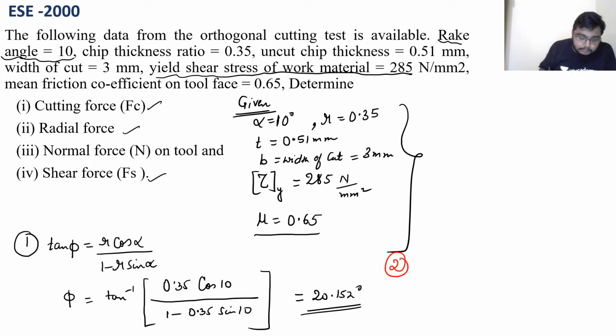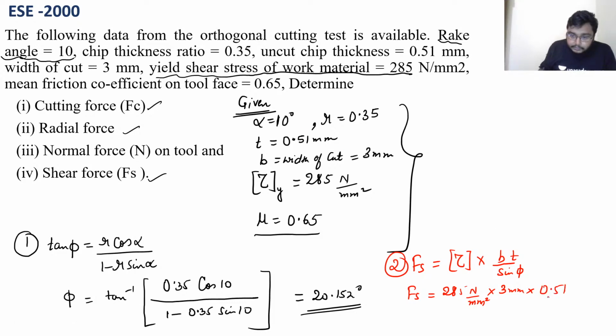Now you can use this formula: Fs is equal to tau into b into t by sine phi. So Fs is equal to tau, given as 285 Newton per millimeter square, b is given as 3 mm, t is given as 0.51, divided by sine of 20.152.